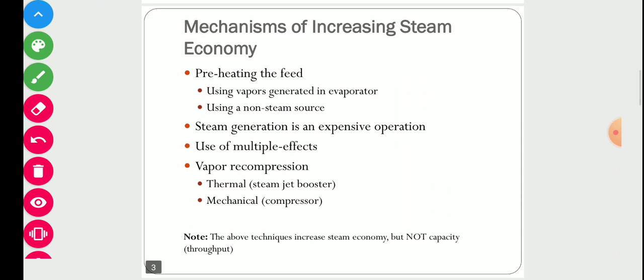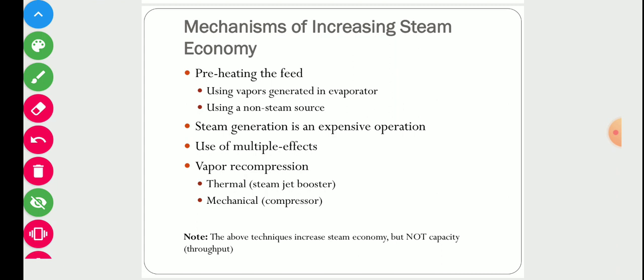Now there are multiple methods for increasing steam economy, including preheating the feed. As I told you earlier, if the solution is subcooled, then an amount of energy will be used to increase the temperature of the feed. So if the feed is at its boiling temperature, then we can save that energy.